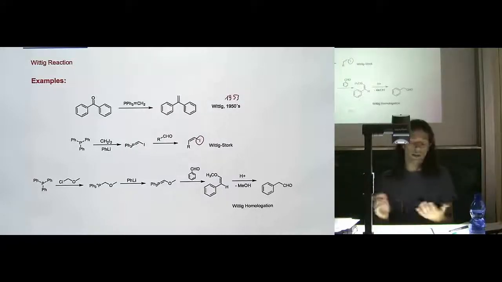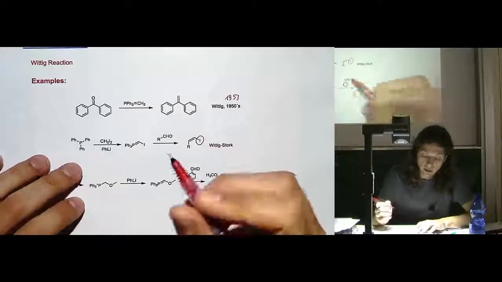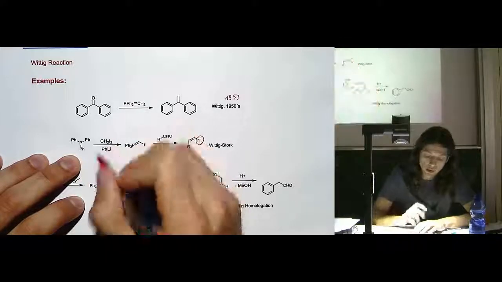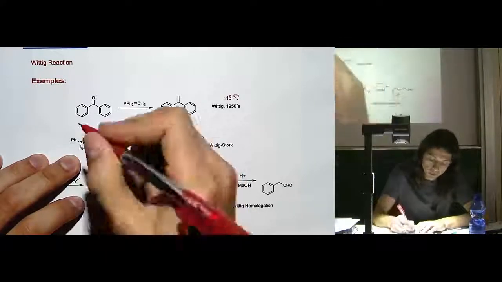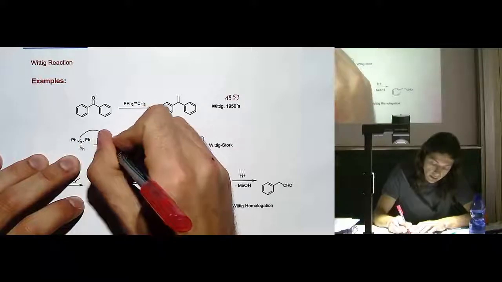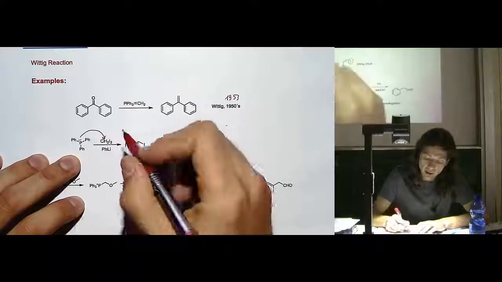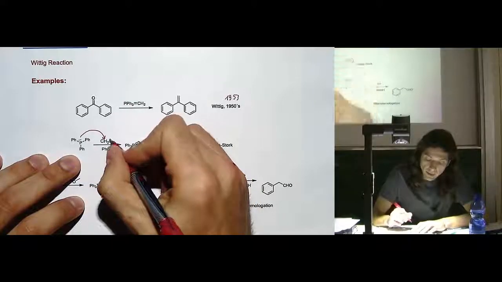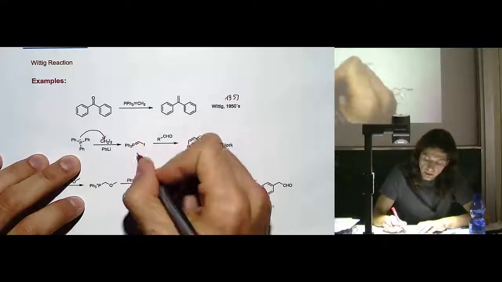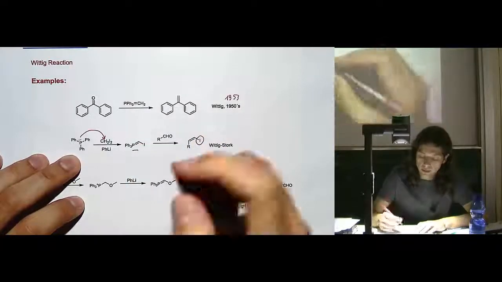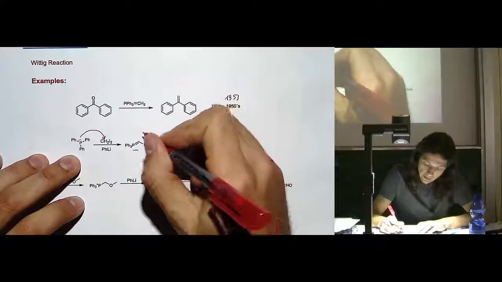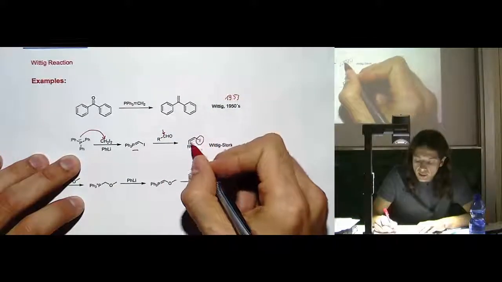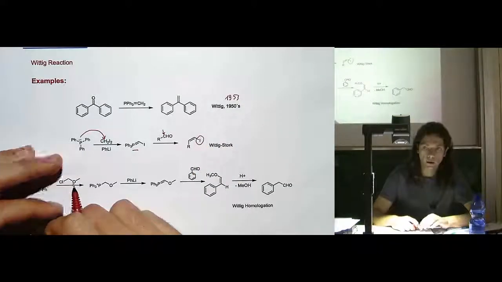So the difference is that now it is using diiodomethane. The phosphorus now attacks diiodomethane, substitution of one of the iodides, then deprotonation to get this halide here that can attack the carbonyl group, and then finally giving rise to this double bond plus the terminal halogen.